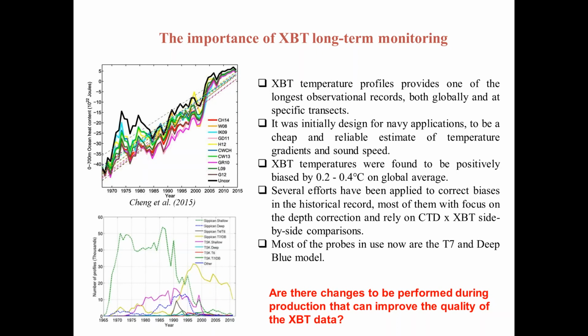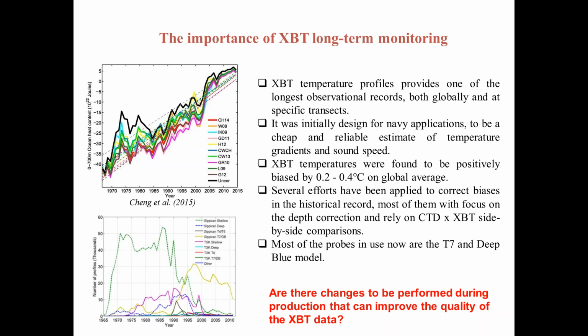A lot of studies here, as we can see, span different times, and they apply different corrections. Nowadays we even correct for time variability as well as depth and temperature offsets that we generally see. They generally rely on CTD and XBT side-by-side comparisons. This will be the focus of this study as well.